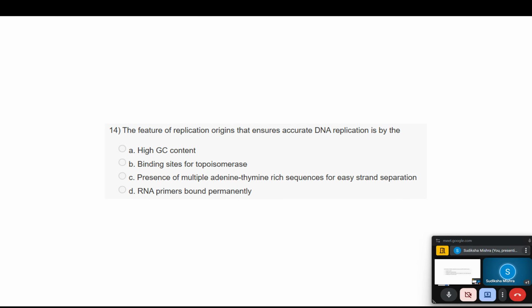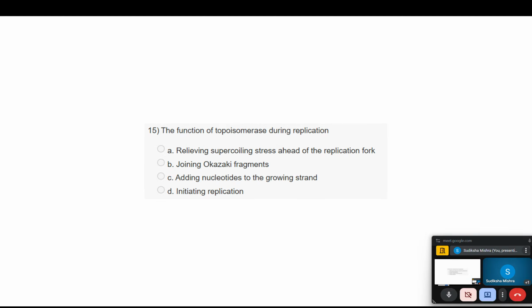Feature of replication origins that ensure accurate DNA replication is high GC content, binding sites for topoisomerase, presence of multiple adenine thymine rich sequences for easy strand separation, or RNA primers bound permanently. The answer is presence of multiple adenine thymine rich sequences for easy strand separation.